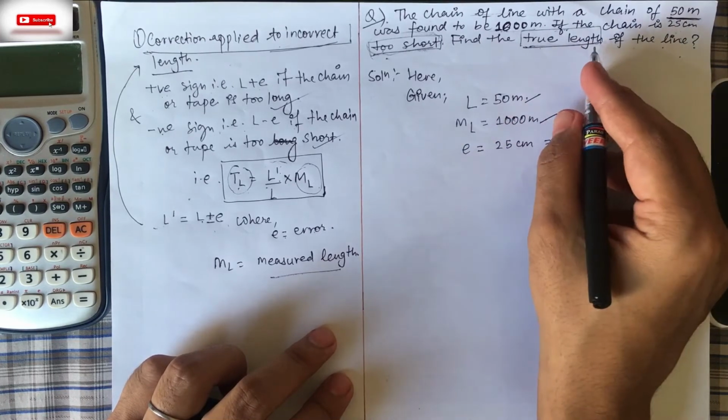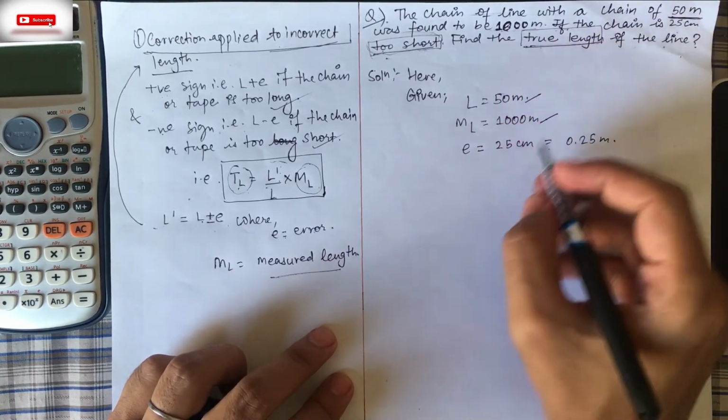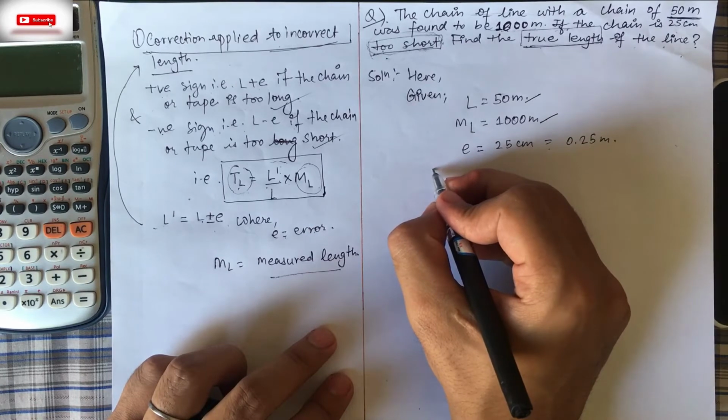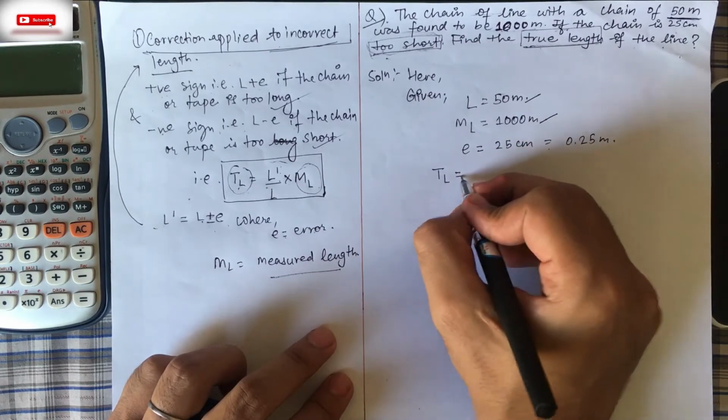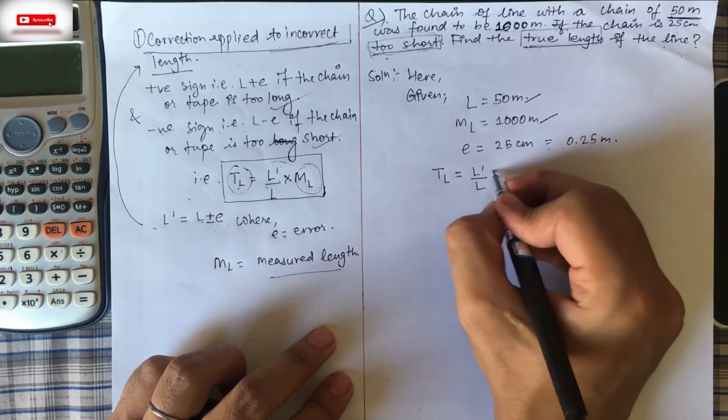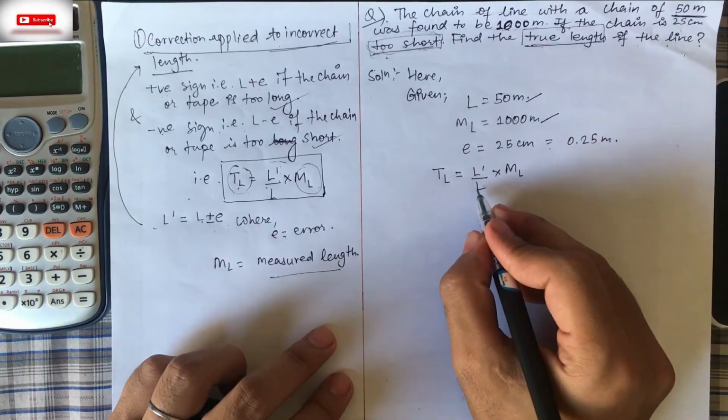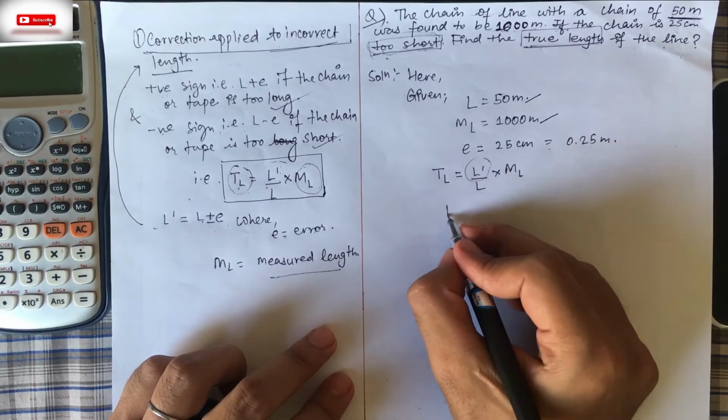Now we have to find, see, our formula is TL is equals to L dash upon L into ML. And what is L dash?